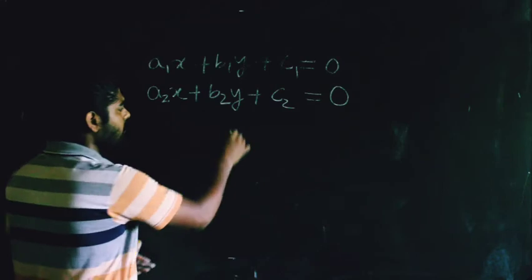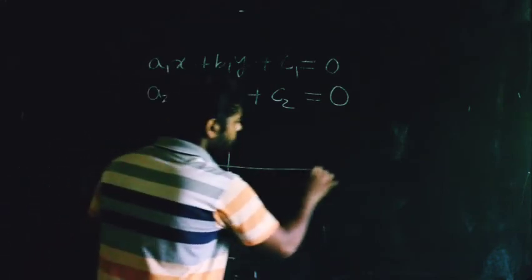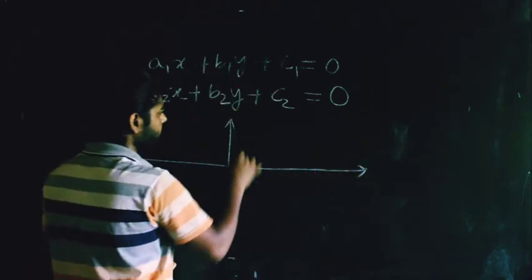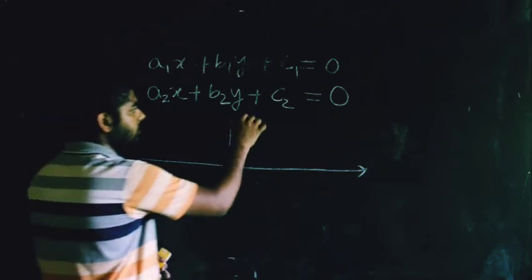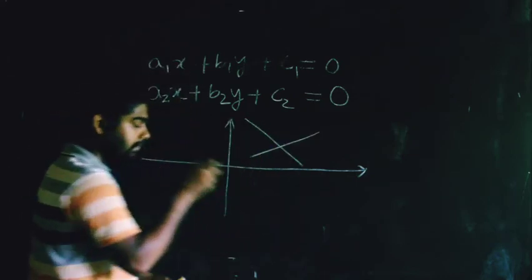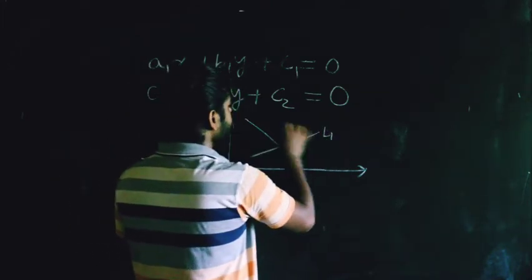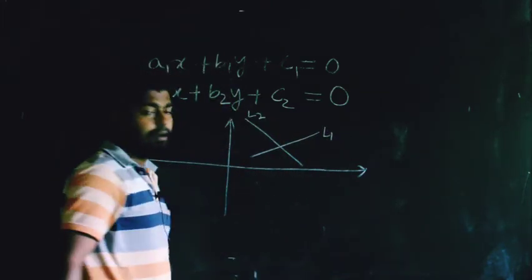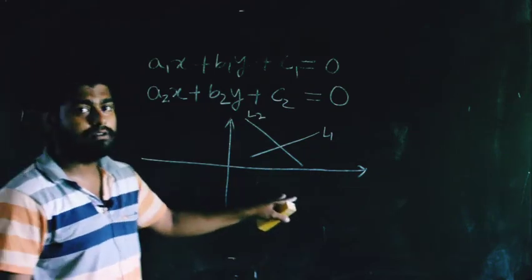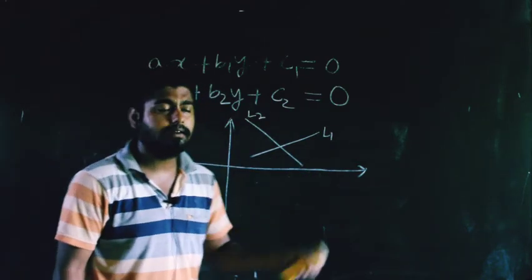Let's say we have a graph and you have two lines, say this one and this one. Now just see, this is our line 1 and line 2. We are discussing what a solution is by the graphical method, na?